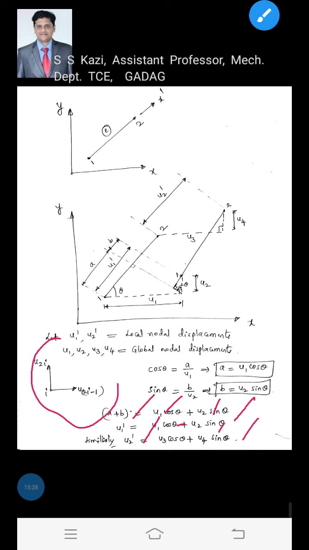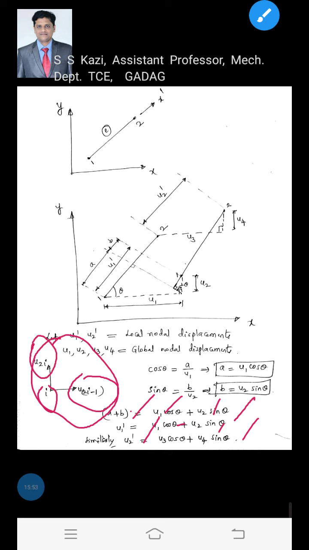And this I have shown is a numbering scheme for 2D problems. This is a 2D truss because at each node there are two unknowns: one is the x component of displacement, another is the y component of displacement. How do we go for the numbering? i indicates the node number. The scheme is u2i minus 1 for the x component and u2i for the y component.